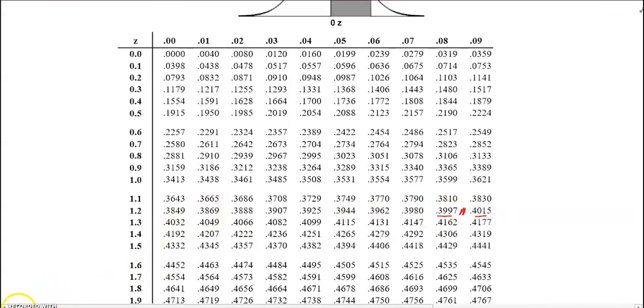In this case, 0.3997 is closer to 0.4, but it is preferable to go with the larger of the two values. Once again, this actually increases the standard of our test. So I'm going to use a value of 1.29.